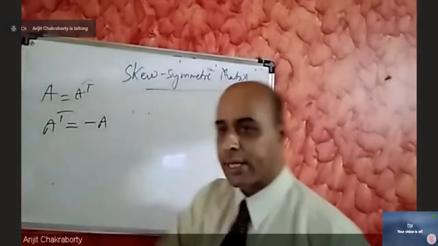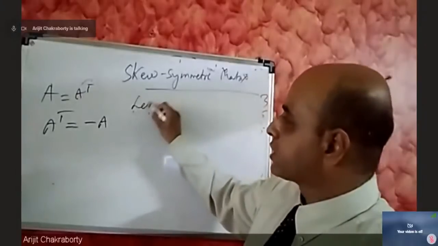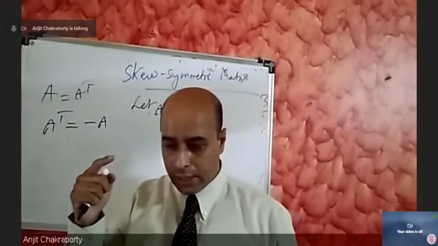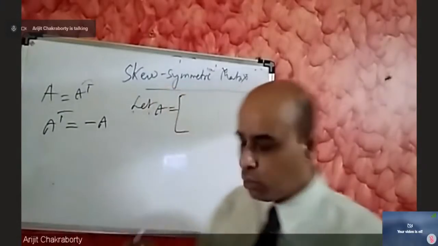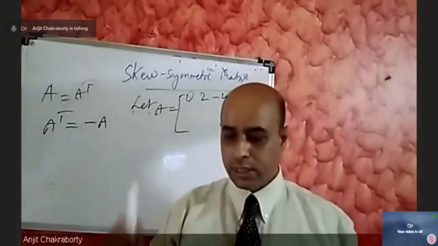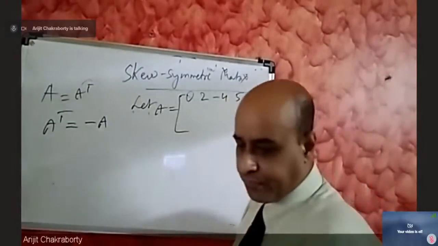Let us take an example. Let A equal to 0, 2, minus 45.